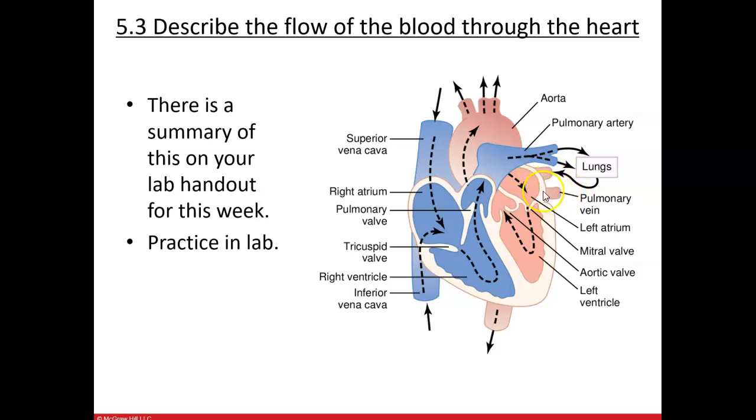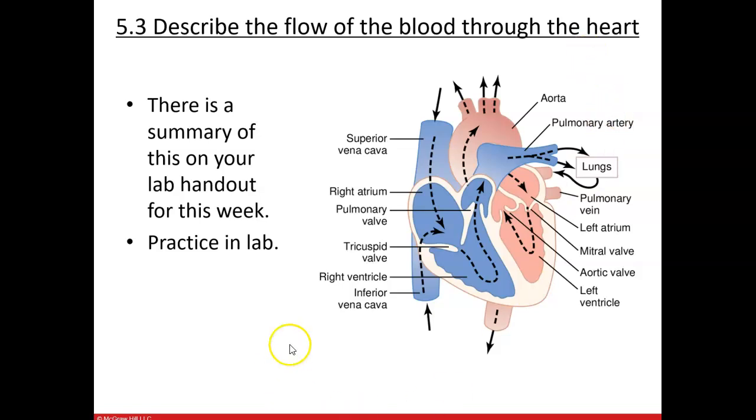And there's actually 4. There's 2 on this side, 2 on this side. Into the left atrium, through the left AV valve, also called the mitral valve, into the left ventricle, out the aortic valve, into the aorta, and throughout the body.